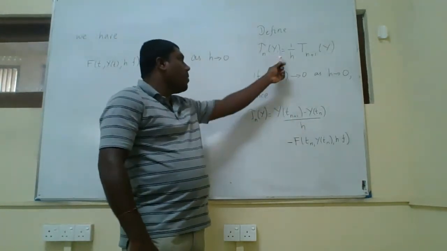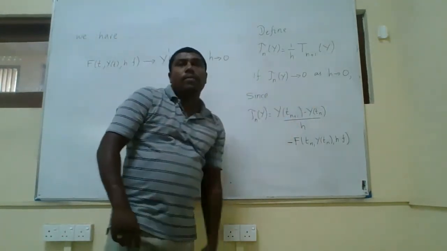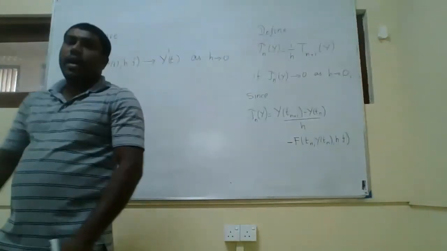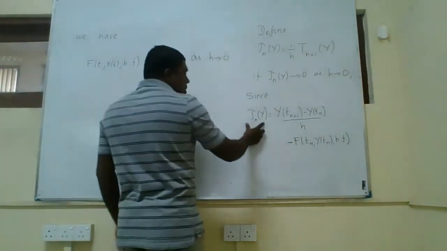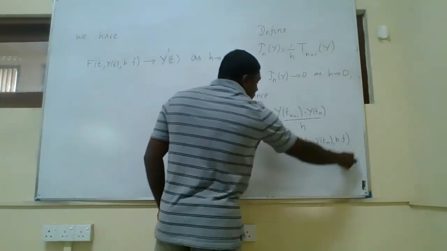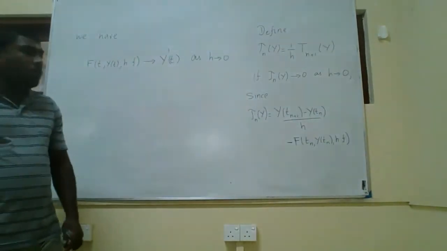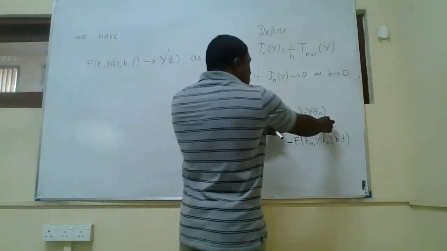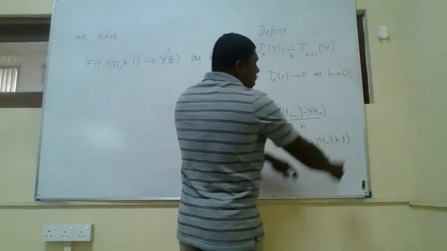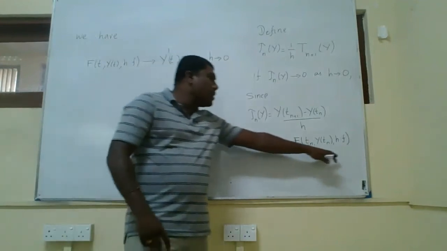But whenever tau_n(Y) goes to 0, you know that this goes to 0, so this whole thing goes to 0. If the whole thing goes to 0, that means the limit of this should be equal to the limit of this, and there is no h here.